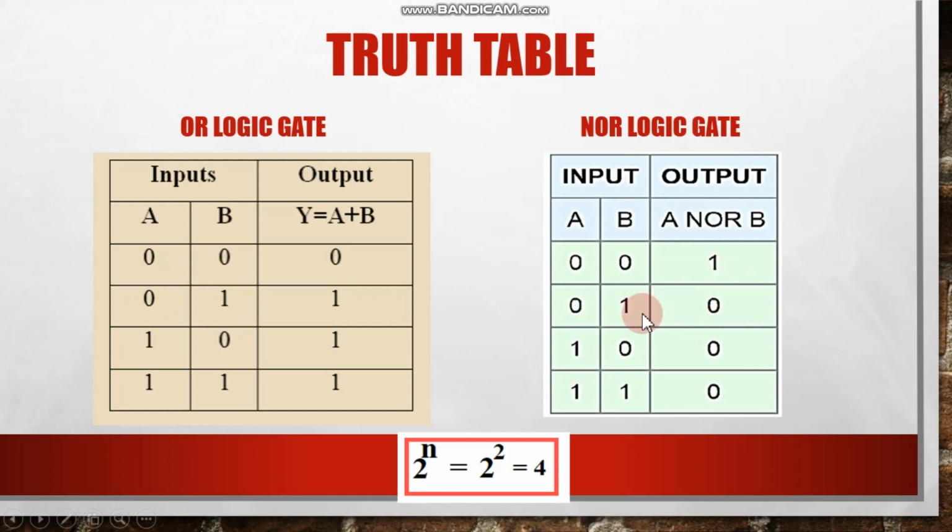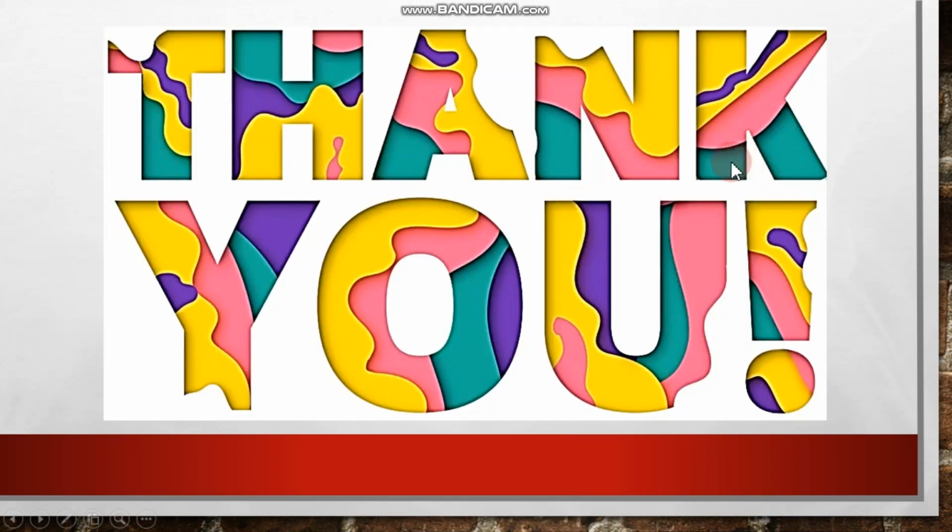For all the remaining combinations 0 1, 1 0, 1 1, at least one of them or both of them are at high logic, so it will not give me a high output, it will give a low output. So for the 0 1, 1 0 and 1 1 combinations, for all these three I will get a low output from a NOR gate. I hope how to form the truth table for the NOR gate is clear.